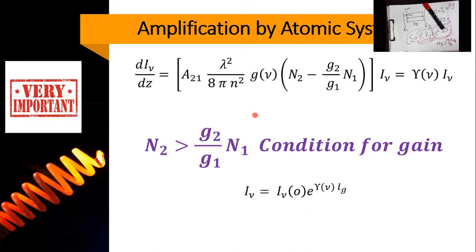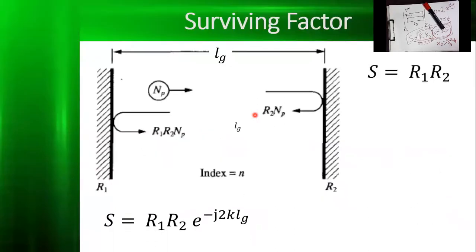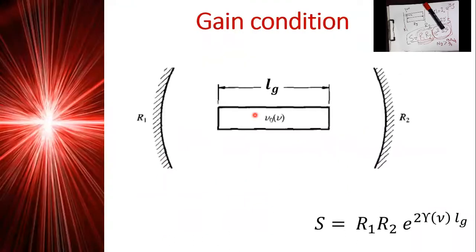It depends on the gaining material, not on the system. Then, on the system level, we have another condition, because simply you can have a positive gamma, but it's still not dominating with respect to R1 and R2. So you sustain the first condition, but you still didn't do it for the second. So what is the condition for the second?